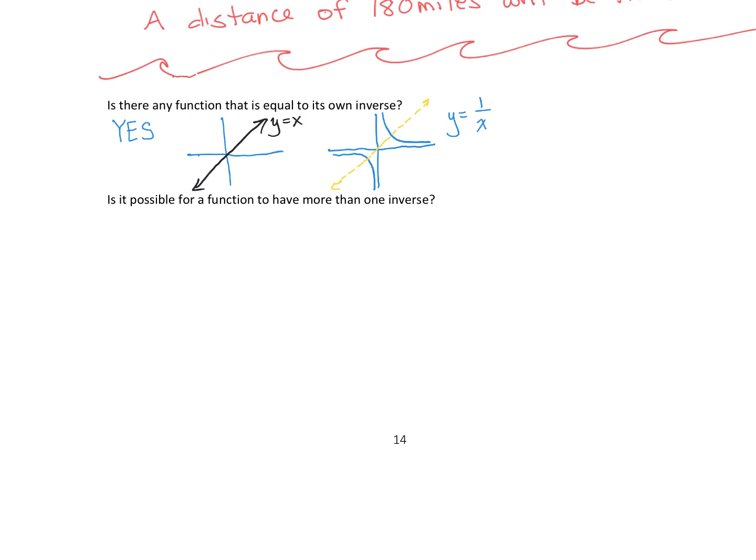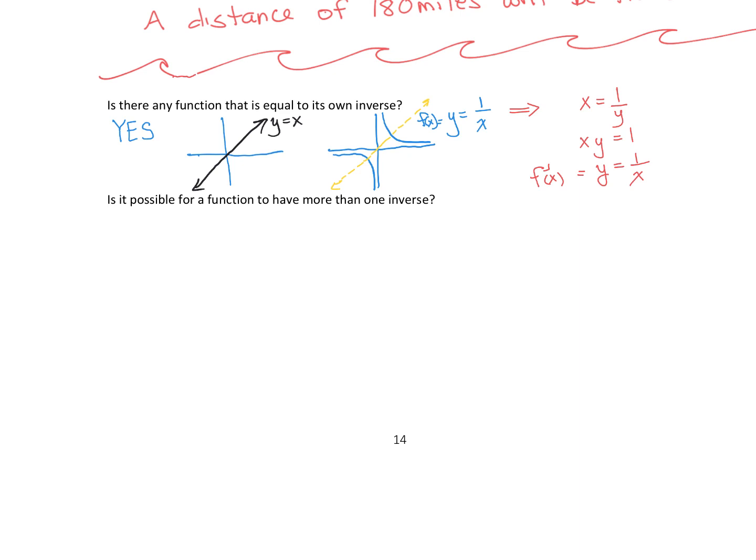So if we went through the process of finding the inverse here, I would switch the x and the y. Cross multiplying, I get xy equals 1. And then dividing, solving for y again, I get 1 over x. So in this particular case, if this is my function, this is my inverse function.